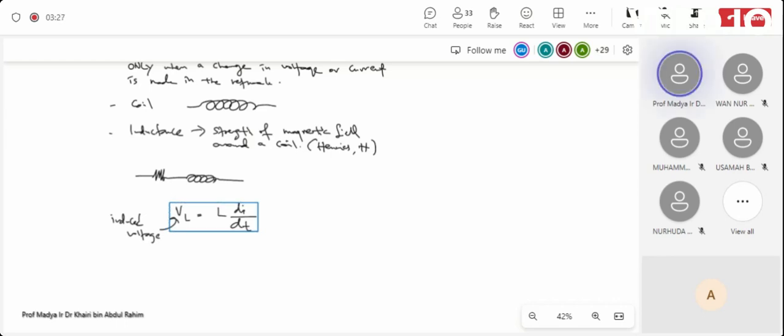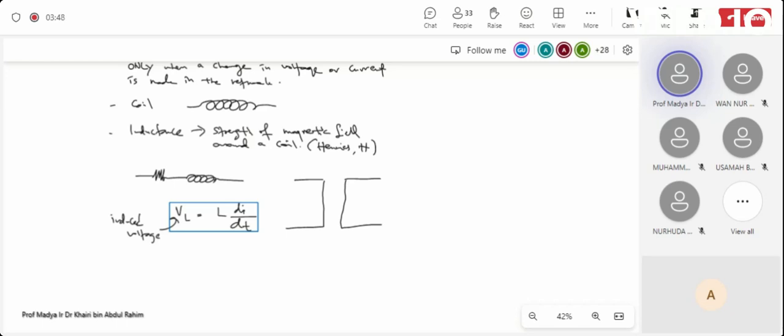So for example, among the use of inductors or the concept of coil, if you still remember, I'm not sure if you've learned about transformer or not during your SPM or foundation.